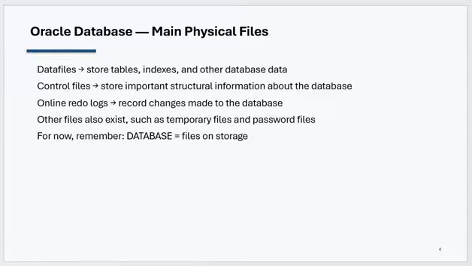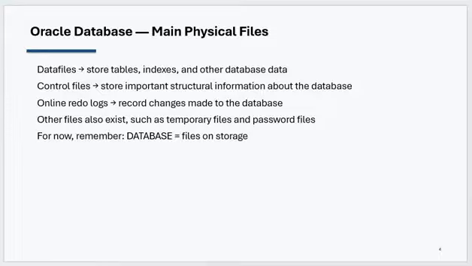Now look at some of the important physical files. The first and most important are data files. Data files store the actual database information. For example, tables and indexes ultimately occupy space inside data files. Then we have control files. Control files contain information about the physical structure and state of the database.